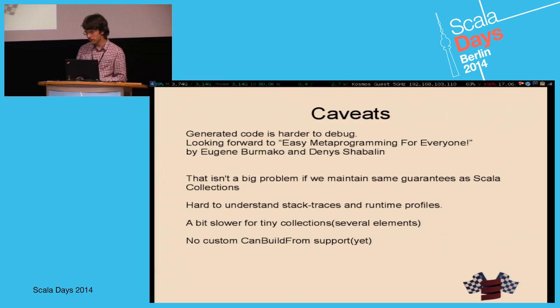So in most cases, ScalaBlitz is as fast as the sequential collections for collections of around 10-20 elements, and then it gives you a clear win. And the other restriction is that for now there is no custom builder support in the optimized block, but that's just because I didn't have time to implement it yet.